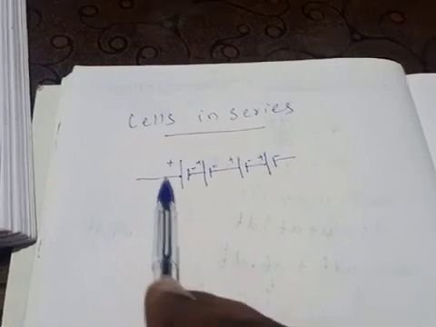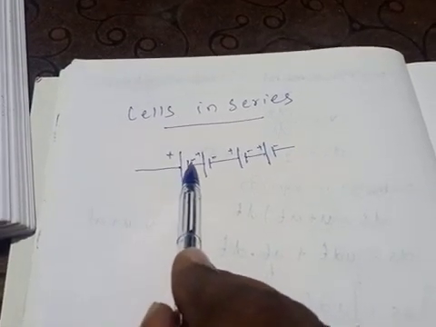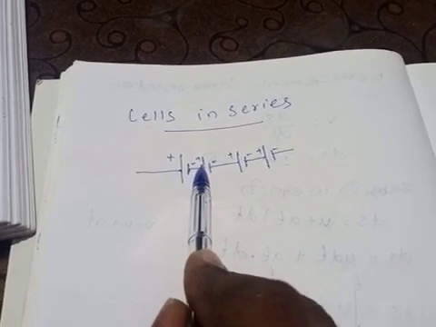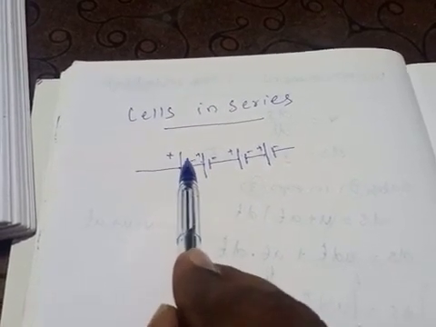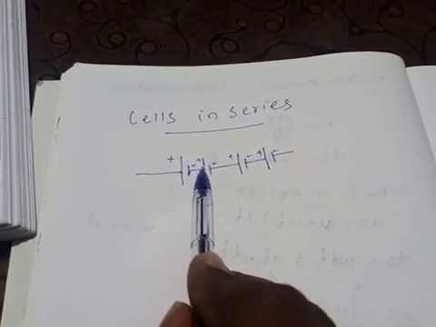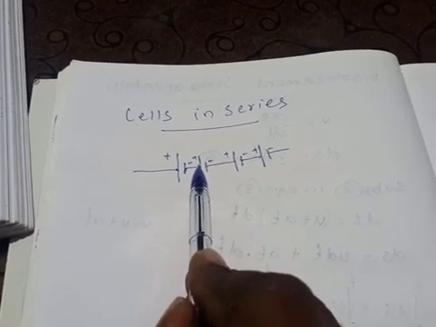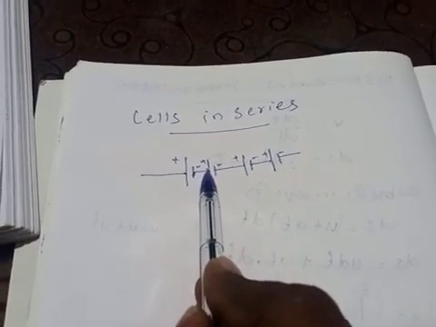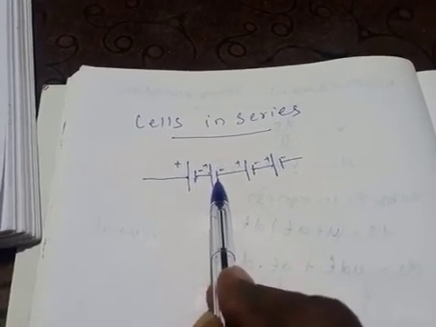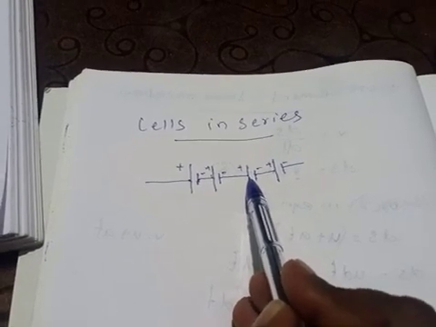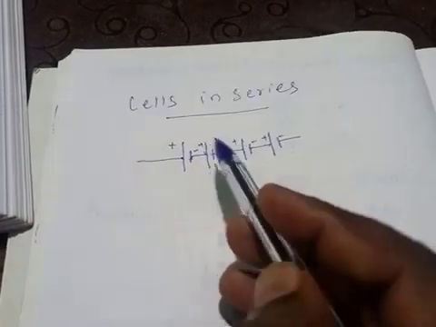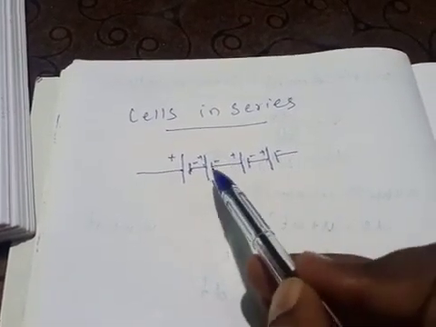What is happening here? The negative terminal of one cell is connected to the positive terminal of the second cell. The negative terminal of this second cell is again connected with the positive terminal of the third cell, and this process continues.